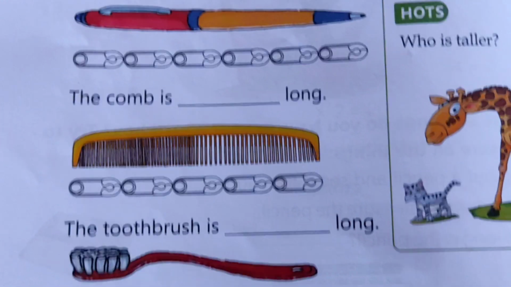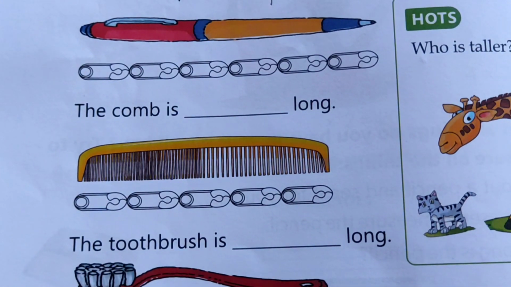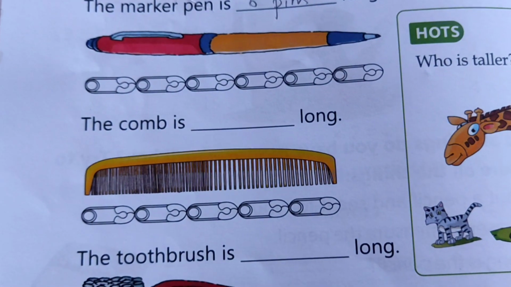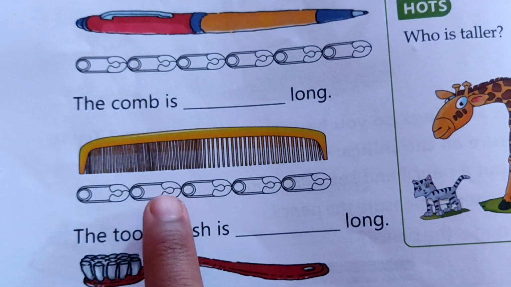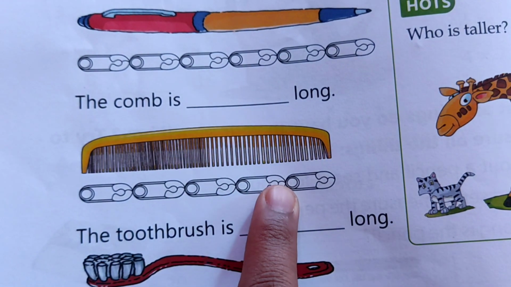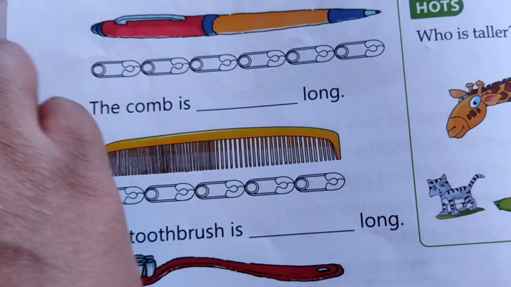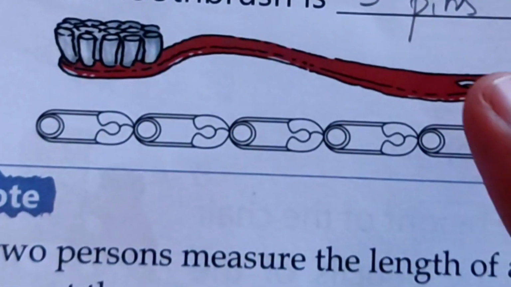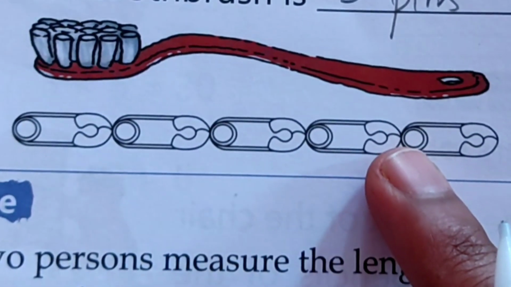In the same way, you are having a comb. The length of the comb is, just count how many pins are there. 1, 2, 3, 4, 5. 5 pins long. And you need to find out the length of the brush. Children, by this you came to know what is meant by length.